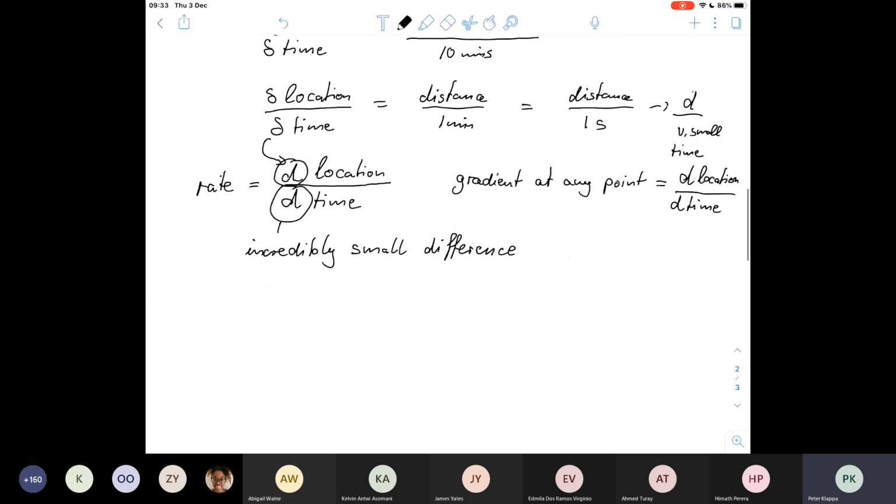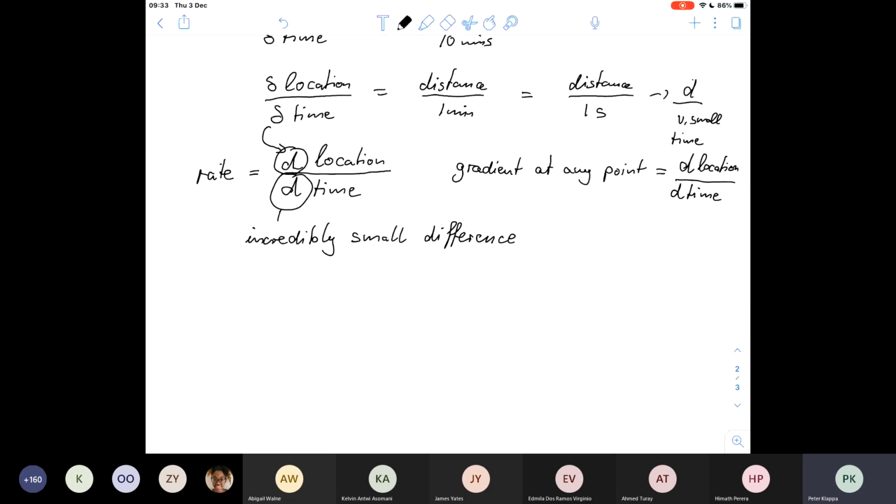And this d location over d time, that is really what is called the instantaneous rate. We can basically measure what is our speed for every millimicrosecond of our journey.